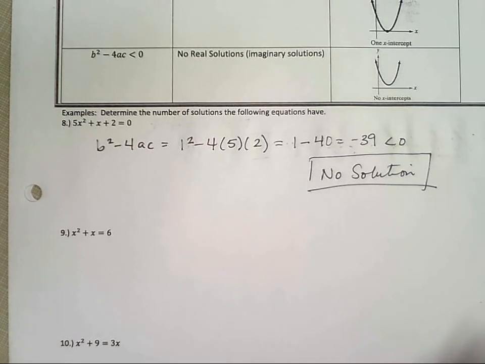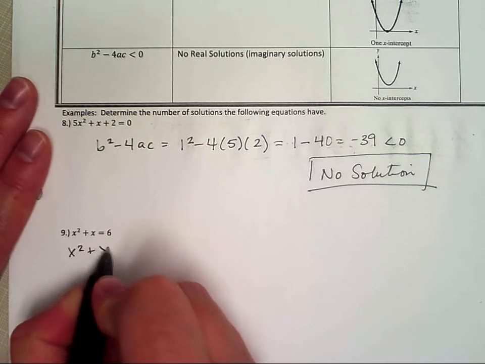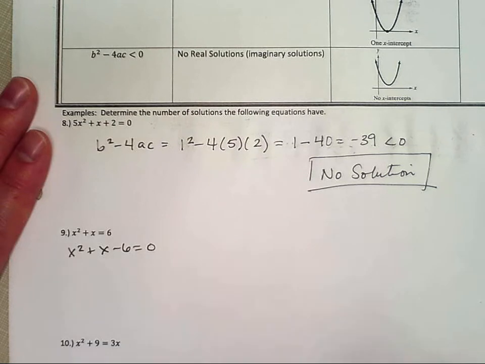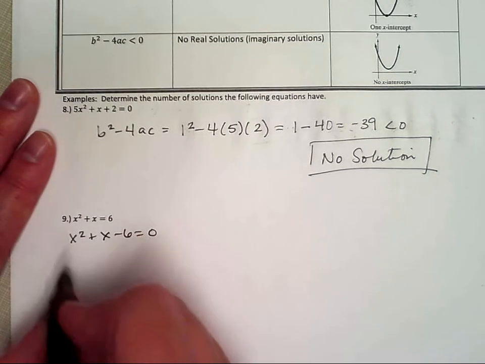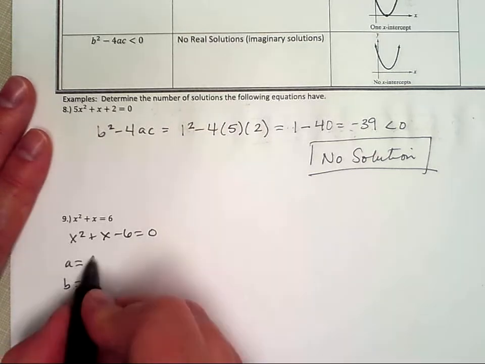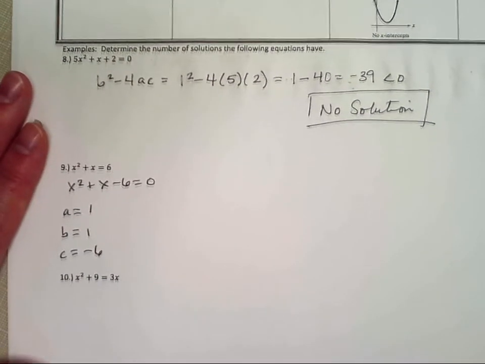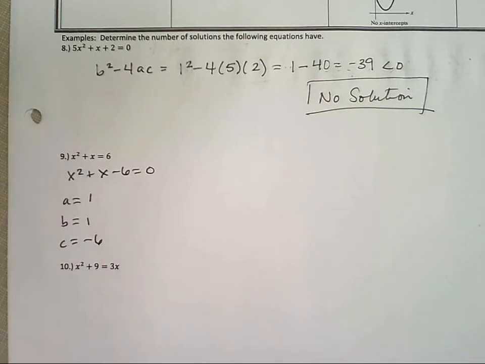X squared plus x equals 6. First step is I need to get it equal to 0, right? So everybody do that on your own, and then write down what A, B, and C are. Check my work, make sure I got it right.